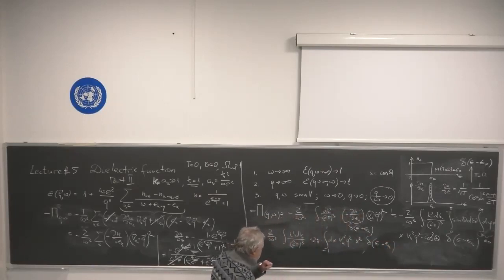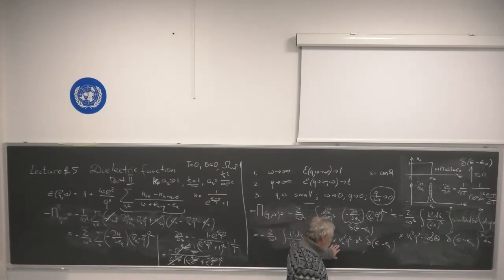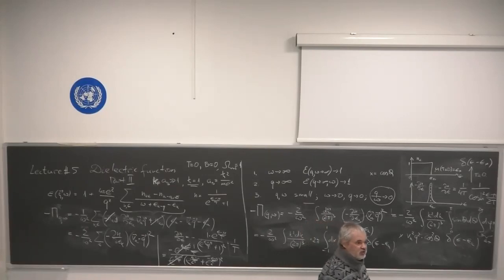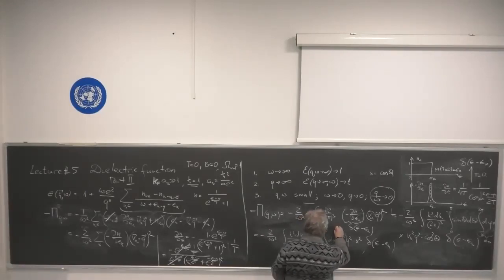So, first of all, I'm dealing with very small q, which means I'm dealing with excitations which are well defined in the vicinity of the Fermi surface. So without any loss of generality, I can replace v_k squared by v_F squared.